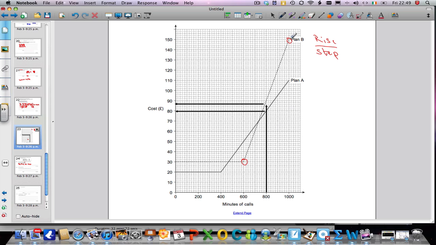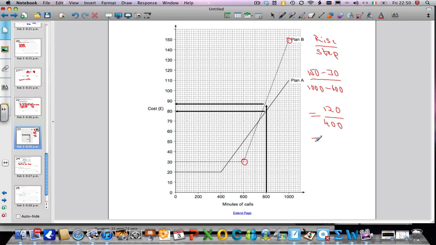And the rise is going to be, let me see, 150 take away 30. So the change in y divided by the change in x. The change in x is going to be 1000 take away 600. And that gives us, well, 150 take away 30 is 120. 1000 take away 600 is 400.